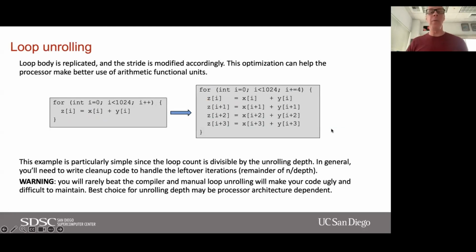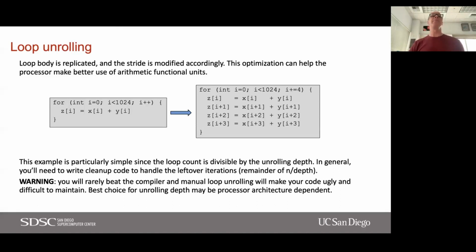Okay, and one more loop level technique I'm going to talk about is something called loop unrolling. This is where the loop body is replicated and the stride is modified accordingly. This can help the processor make better use of the arithmetic functional units. We often hear that processors can do 8 or 16 or 32 floating point operations per core, per clock cycle. But what we often neglect is that it typically takes 4 clock cycles to get that first result.